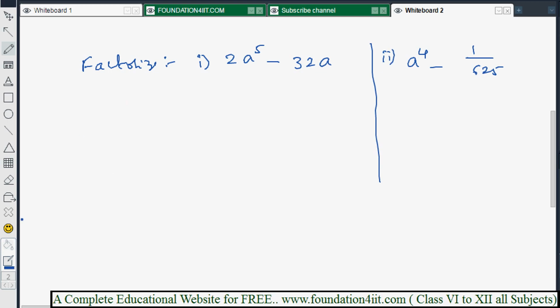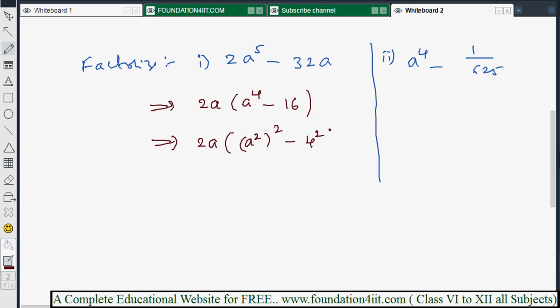So when you are solving, first take common what maximum you can. Take 2a common. We'll take common a to the power 4 minus 16, right? Because 2 into 16 is 32 and a is common. After taking common, we'll apply this difference of two squares formula. That is a power 4, we can write a square whole square. 16 we can write 4 square.